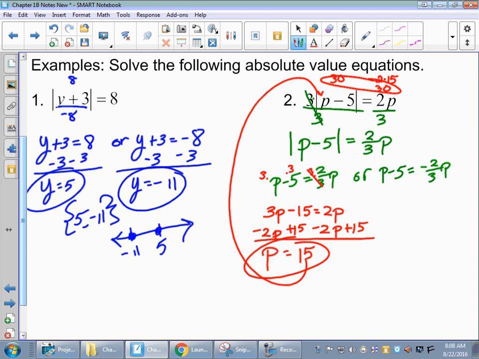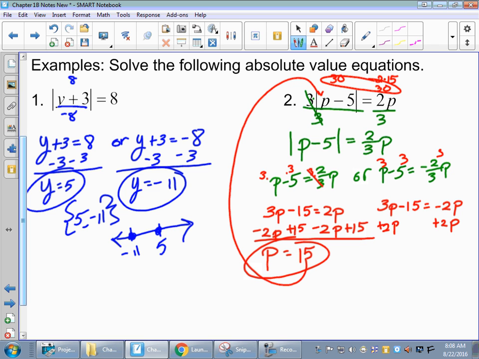I do the same thing for the other side. So I'm going to multiply both sides by 3 just to get rid of that ugly fraction, make it 3 times as large. So I get 3p minus 15 is equal to negative 2p. And so this time I'm going to add 2p to both sides.